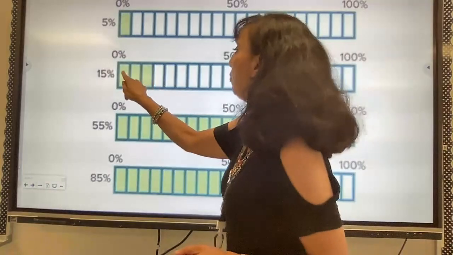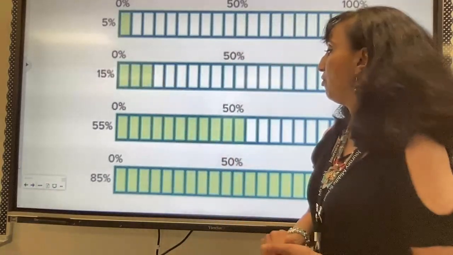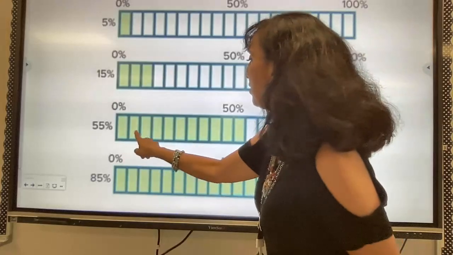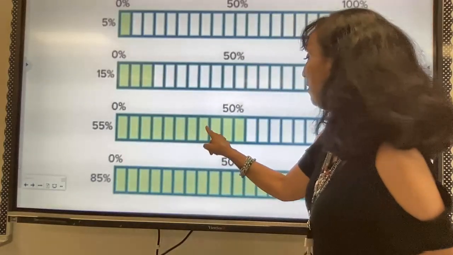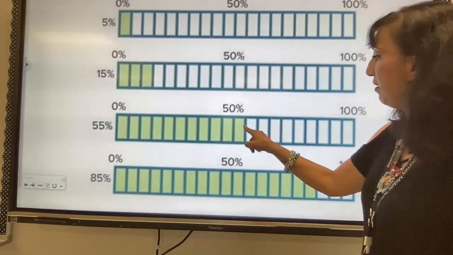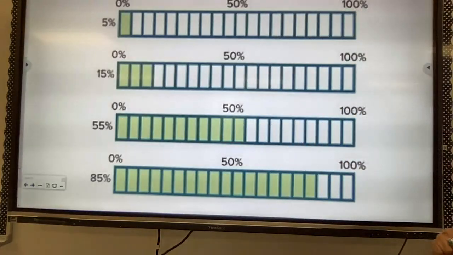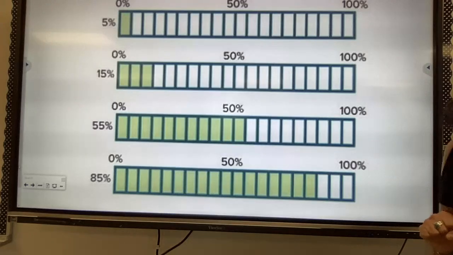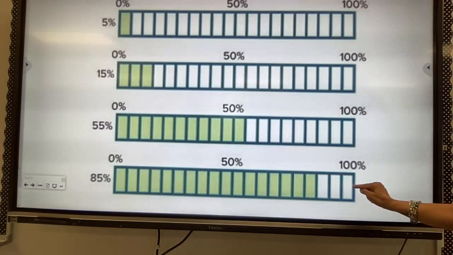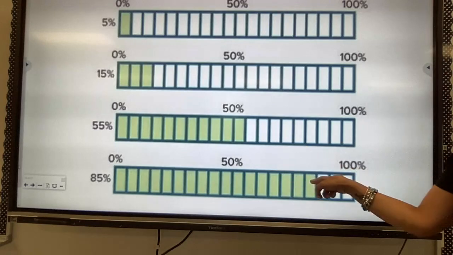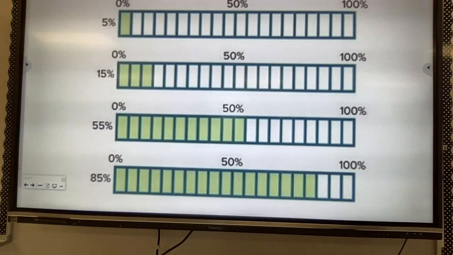Then for 15, I would have 5, 10, 15. For 55, I would have 5, 10, 15, 20, 25, 30, 35, 40, 45, 50, 55. So this much is colored in. And for 85%, I would just leave the 3 over here unshaded. The rest would all be colored in to represent my 85%.